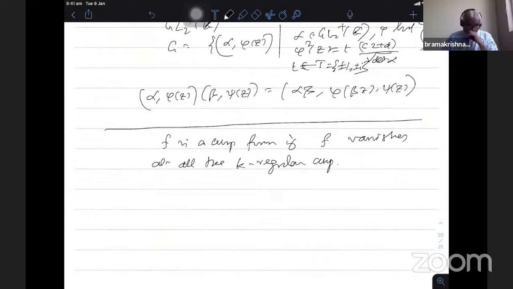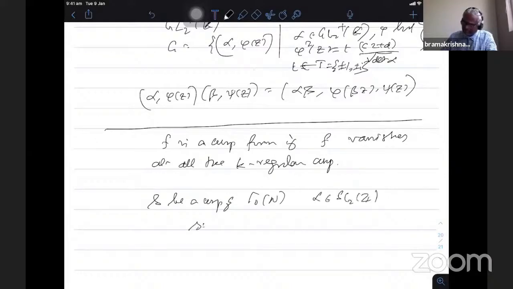First we'll go to the usual setup in the case of integral weight, how we define holomorphicity or meromorphicity of a form at a cusp. Let s be a cusp of gamma 0(n), and take alpha in SL2(Z) such that alpha takes infinity to s.